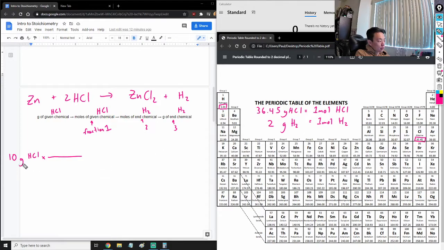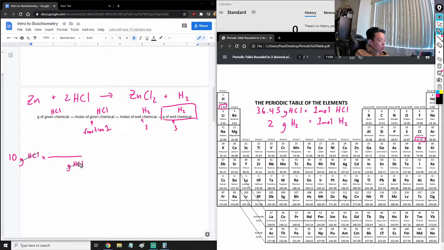Now we know that grams of HCl is not what we're looking for. What we're looking for at the very end is grams of H2, which means we're going to get rid of this. In order to get rid of grams of HCl, we just need to put it on the bottom, so that they can cancel out with each other.